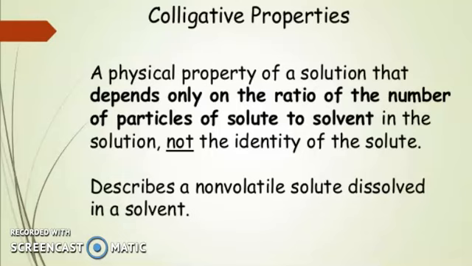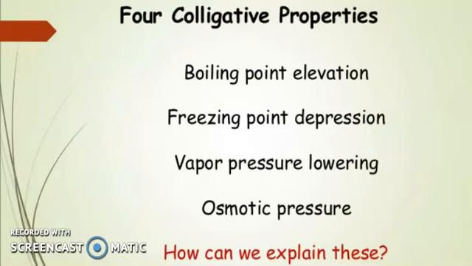Just remember, number, not the identity of the solute. It describes a non-volatile solute dissolved in a solvent. Now, four colligative properties: boiling point elevation, freezing point depression, vapor pressure lowering, osmotic pressure.